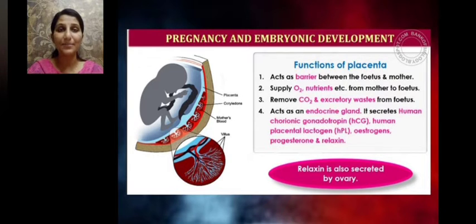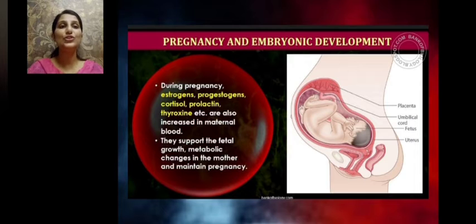It acts as a barrier between the mother and the fetus. It helps to transport substances to the fetus and remove harmful substances from the fetus. And it also acts as an endocrine gland as it secretes hormones like HCG, HPL, estrogens, progesterone, and relaxin. During pregnancy, estrogen, progesterone, cortisol, prolactin, and thyroxine are also increased in the maternal body.